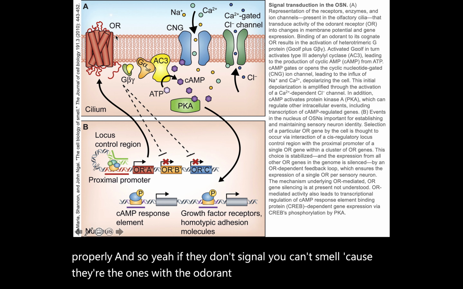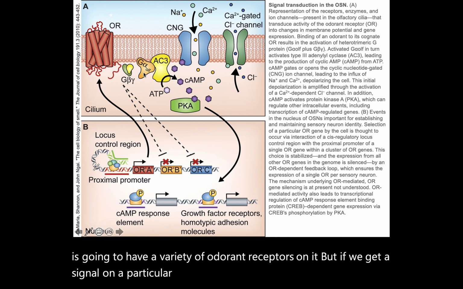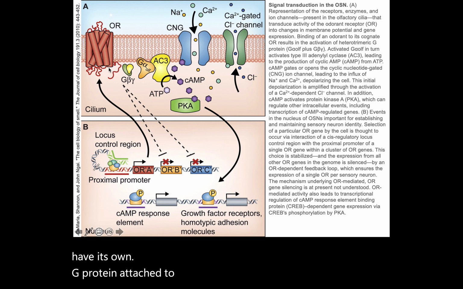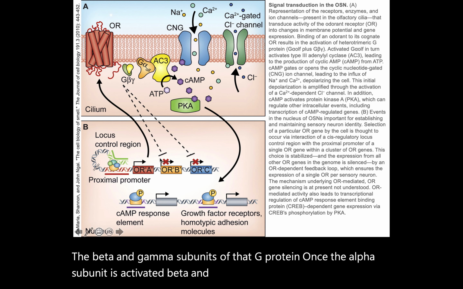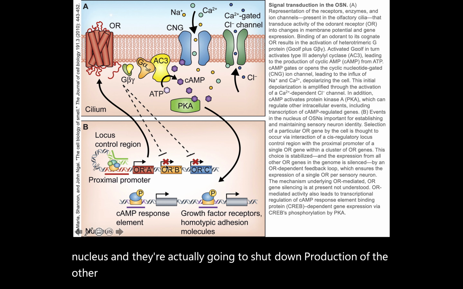So each of these cells is going to have a variety of odorant receptors on it. But if we get a signal on a particular odorant receptor, each one is going to have its own G protein attached to it. And the beta and gamma subunits of that G protein, once the alpha subunit is activated, are going to go into the nucleus, and they're actually going to shut down production of the other odorant receptors that this cell could make.